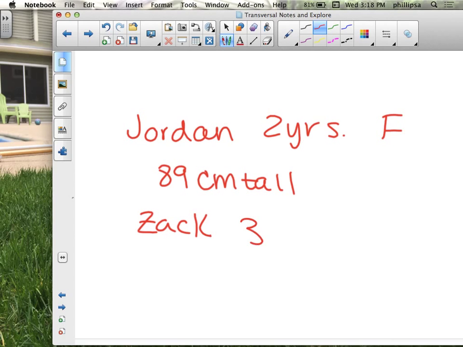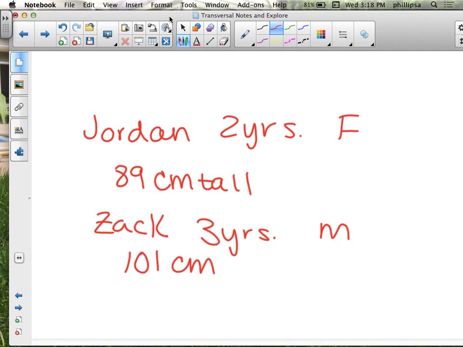Zach is 3 years old, a male, and let's say that he's 101 centimeters tall, okay? Well, as it stands right now, you can't really compare and say who was taller because it's a completely different situation. One's a male, one's a female, that tends to be different, and one is 2 years old and one is 3 years old, okay?